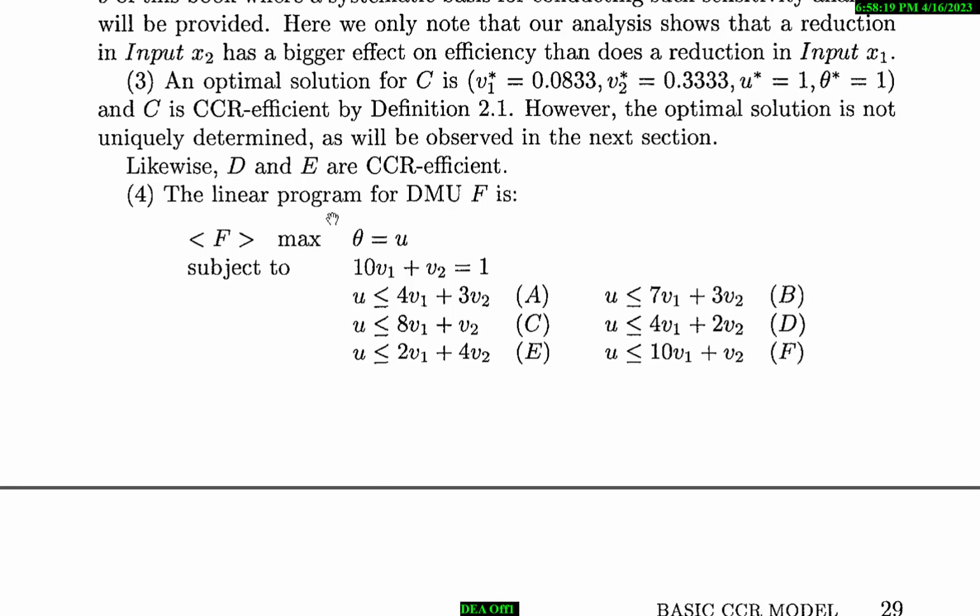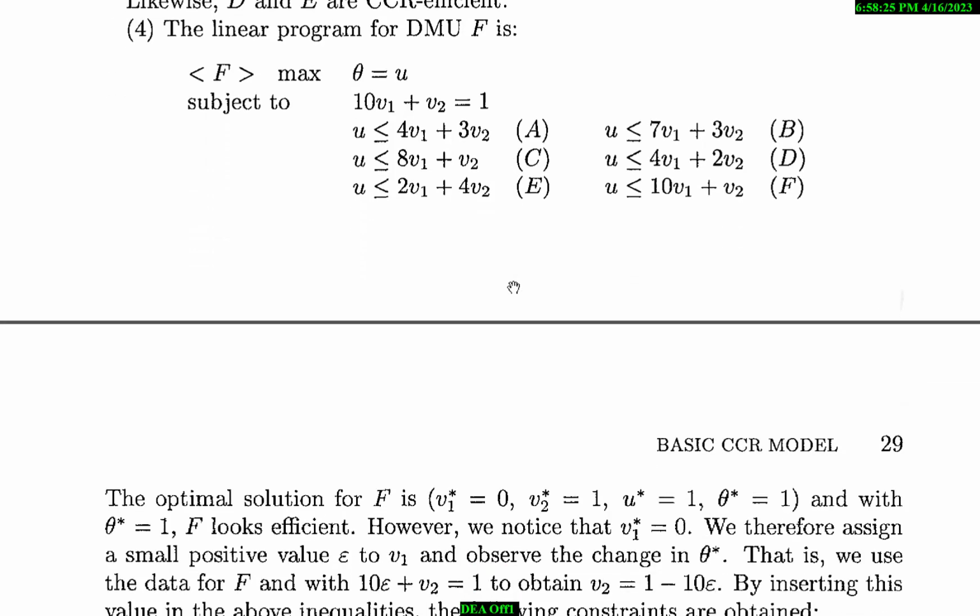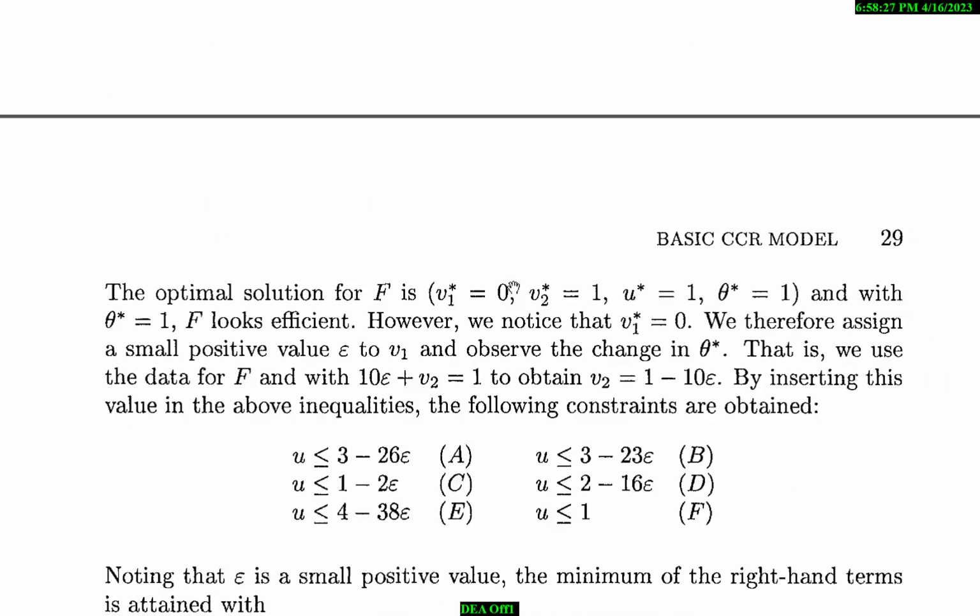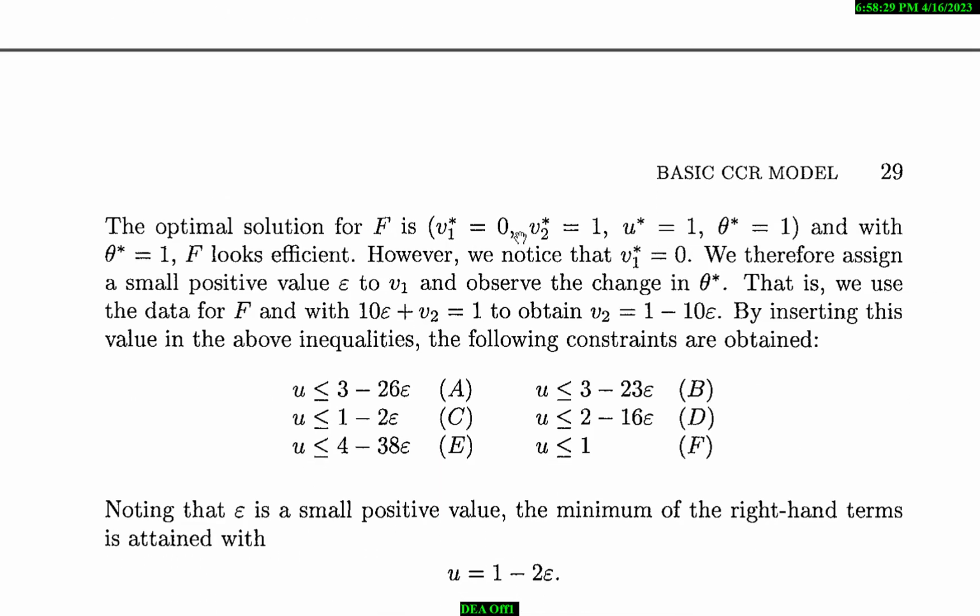Likewise, for DMU F, we have this linear programming model with this optimal value. Here, theta star is equal to 1, but V1 star is 0.